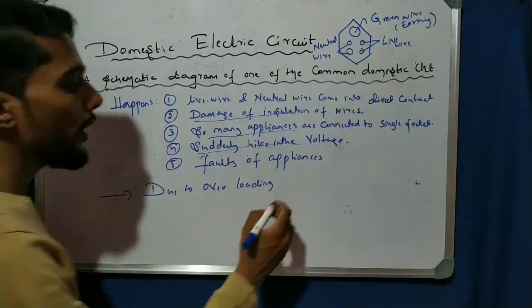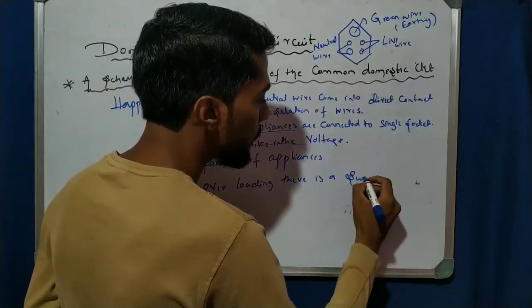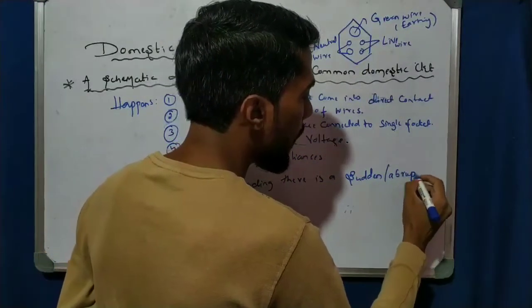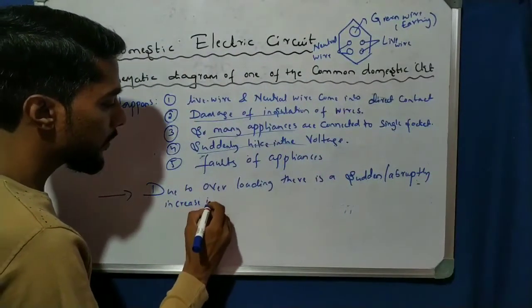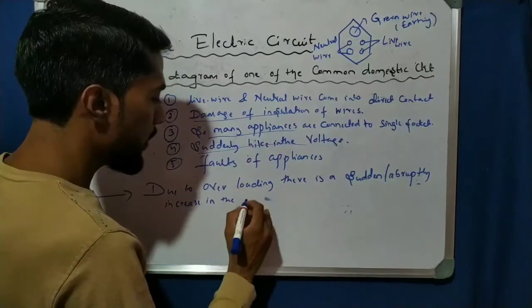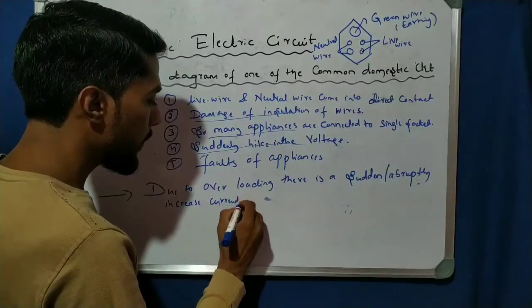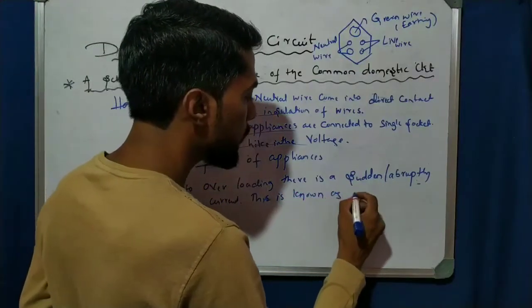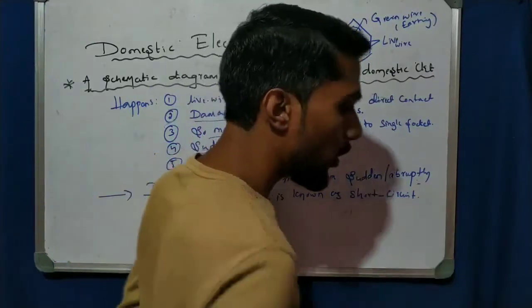Due to overloading, there is a sudden or abrupt increase in the current. This is known as short circuit.